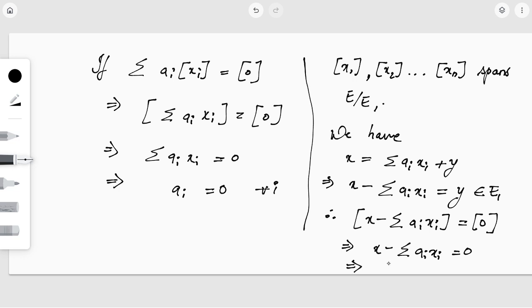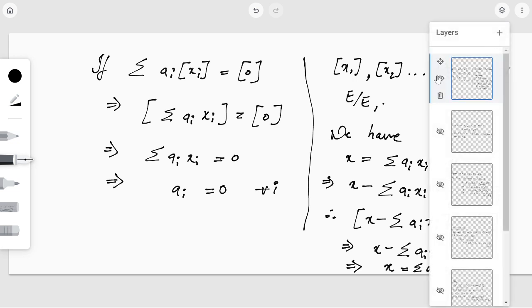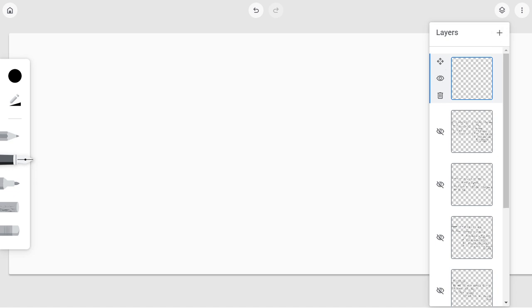Therefore x can be written as the linear combination of each xi, and in the end, using this equality we have obtained that x is equal to summation ai xi.